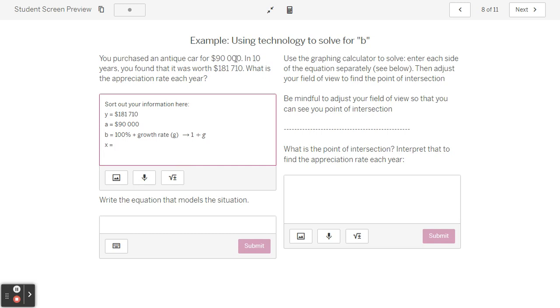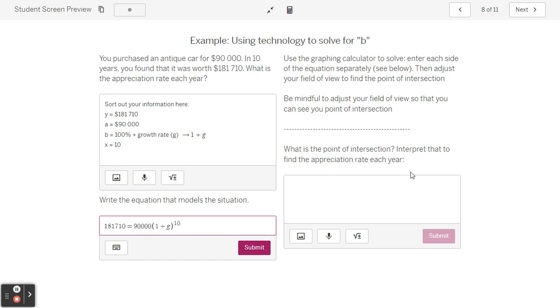They've told us that the two prices differed based on 10 years' time. Now let's take the information and put this all into our equation. 181,710 is equal to 90,000 times 1 plus g raised to the power of 10.